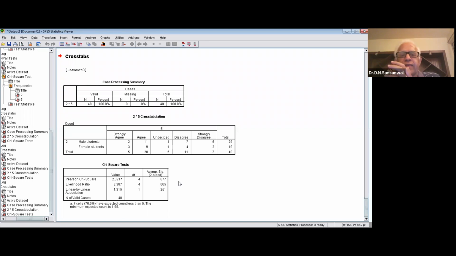Now, should I take both and interpret, or do you think you can do it yourself as I have done for the first one? Do you want me to interpret, or you can do it yourself? If you can do it yourself, then I take another problem where the value is significant.